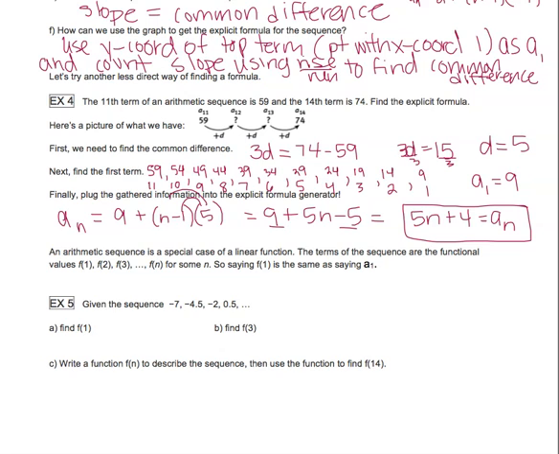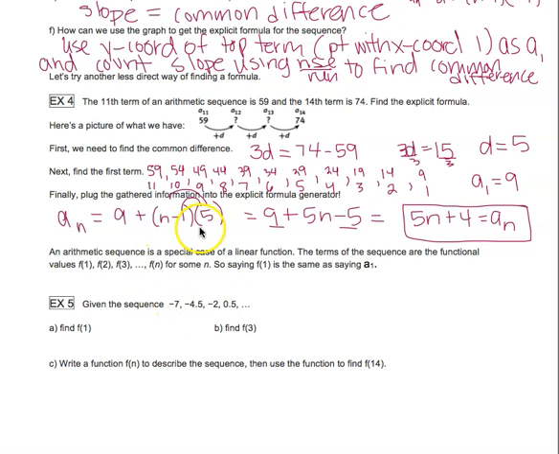All right, last concept that we're going to talk about is an arithmetic sequence when written as a function. So in function notation, the terms of the sequence are the functional values. So f of 1, f of 2, f of 3, f of n.